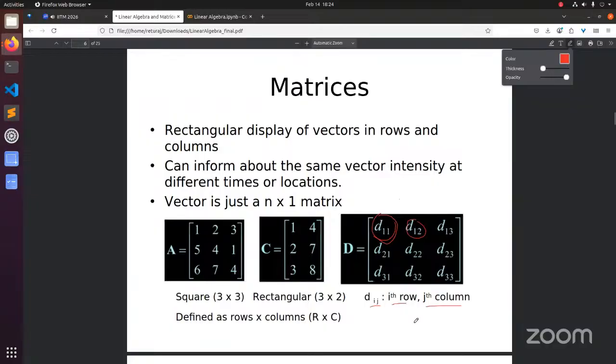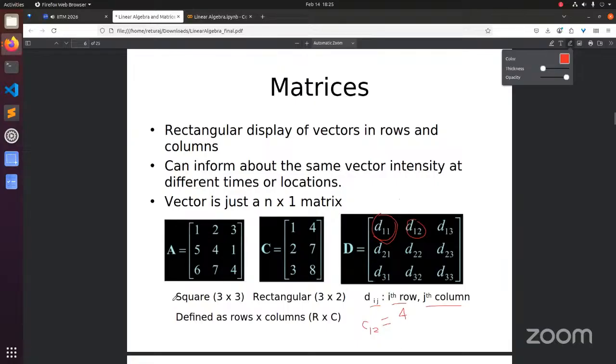So in C matrix, let's call it 1, 2 with this definition. What is C12 here? What is the value of C12? C is this matrix. 4, sir. Okay. So C12 is 4, right?